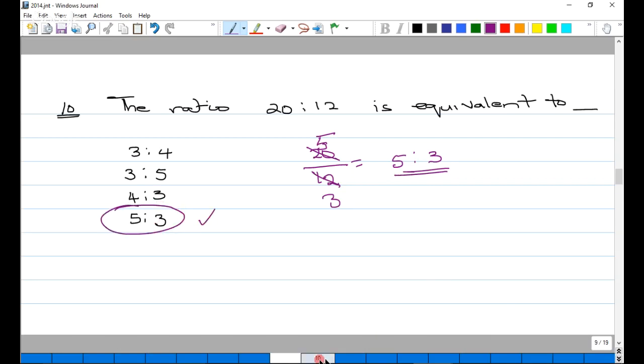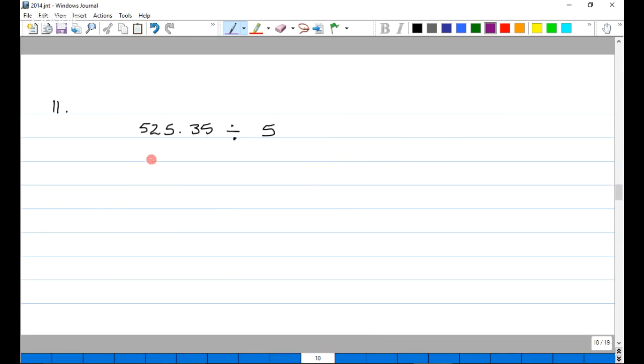We have 525.35 divided by 5. 5 into 5, 1. Subtract. We're going to get 0. We're going to bring down. 5 into 2, that can't work.